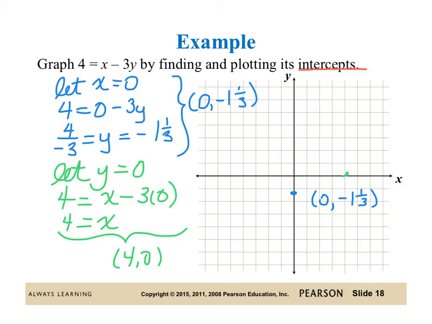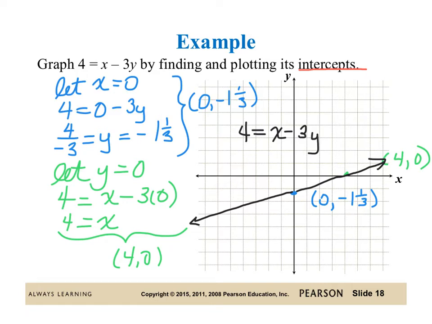And that gives us our x-intercept. And then we need to draw a straight line. And the last thing we need to do is to add our equation, 4 equals x minus 3y. And that is a complete graph, and we only had to have 2 points.